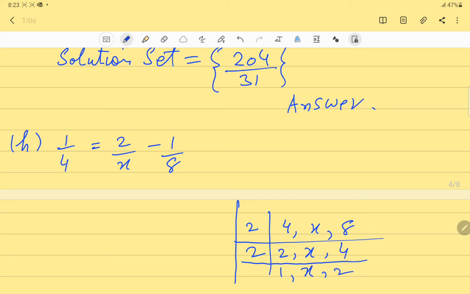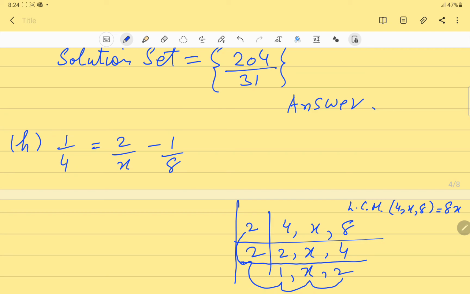Now we multiply all these: 2 into x is 2x, then 2x into 1 is again 2x, 2x into 2 is 4x, and 4x into 2 is 8x. So our LCM of 4, x and 8 is 8x.